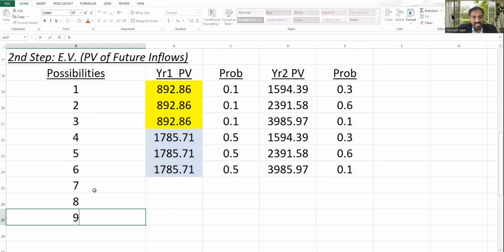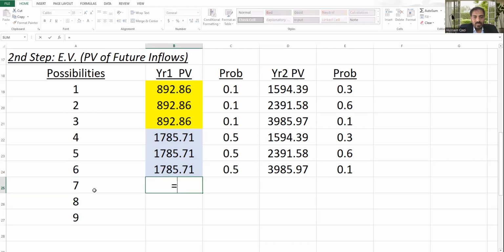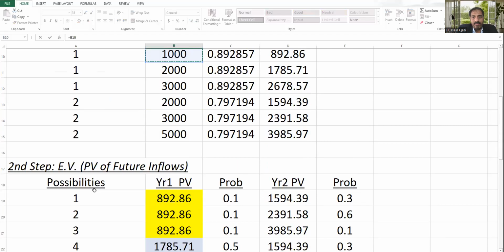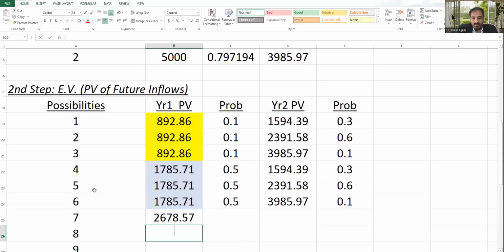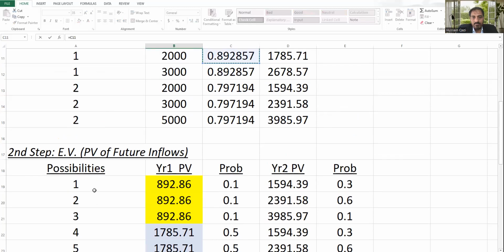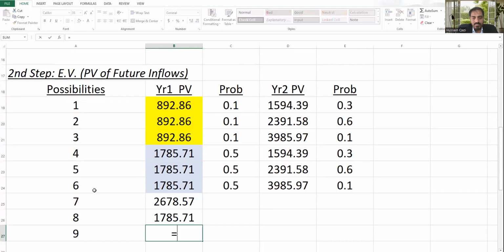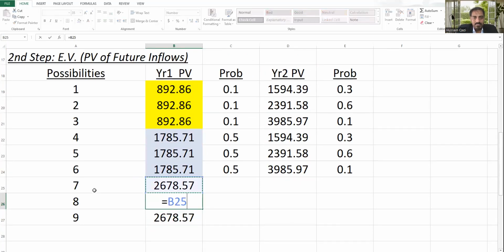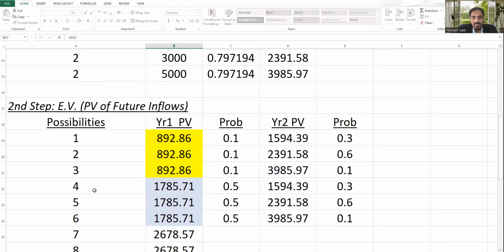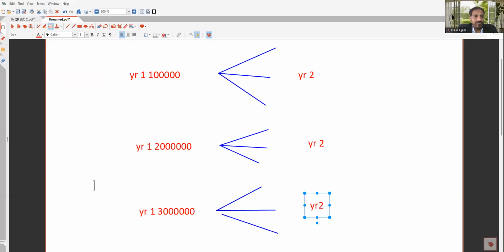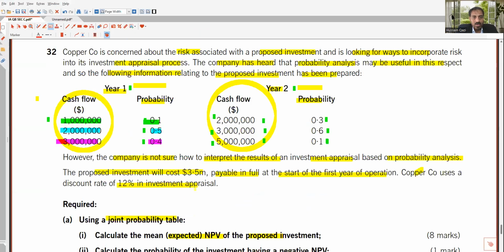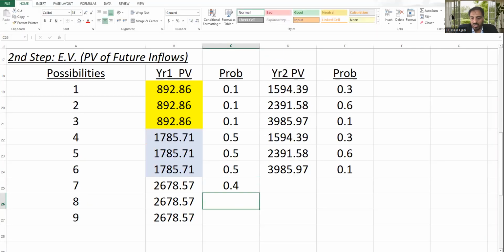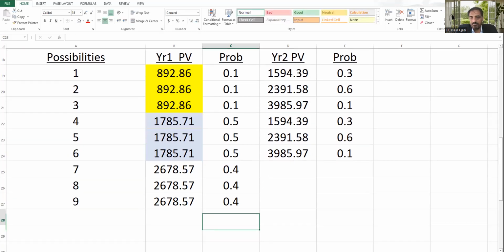That's 7, 8, 9, another. And this is the chances of 40%, 0.4. That's the point.